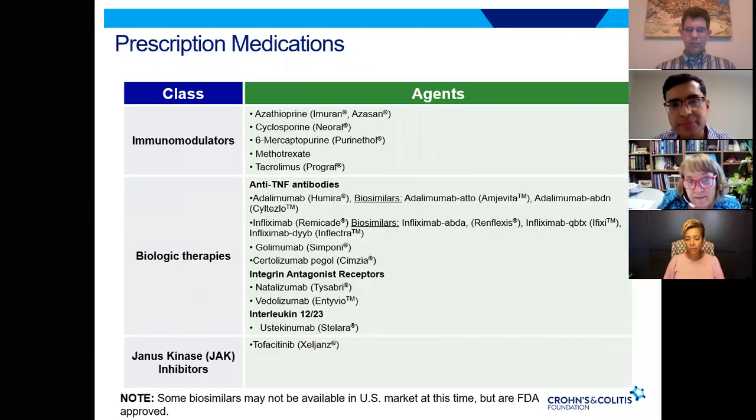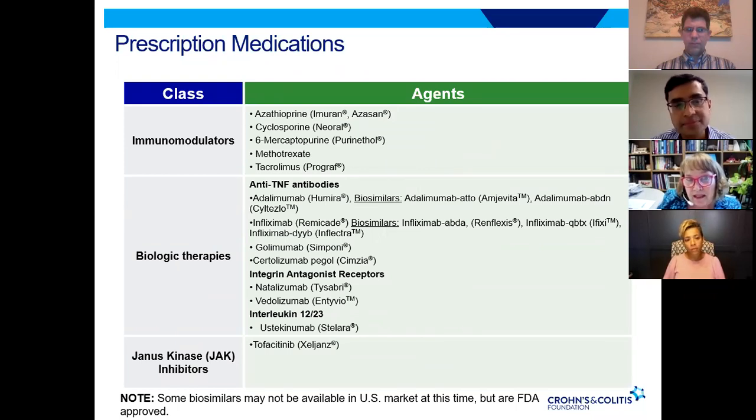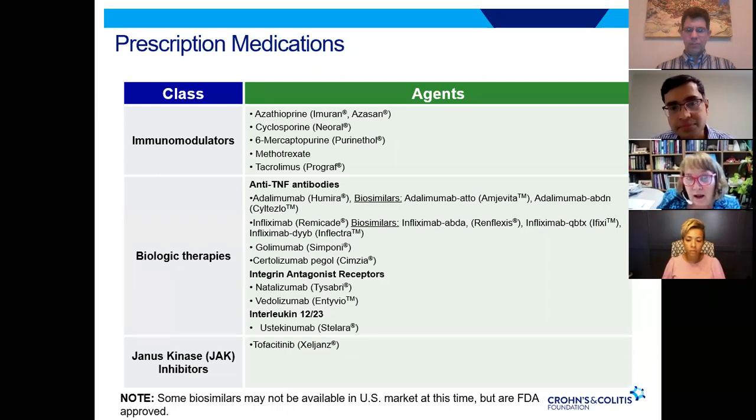Then there's the immunomodulatory agents like the thiopurines, including 6-mercaptopurine and azathioprine, as well as methotrexate. Each of these drugs are used differently, or they might be used in combination with biologic therapies or the mesalamines as well.